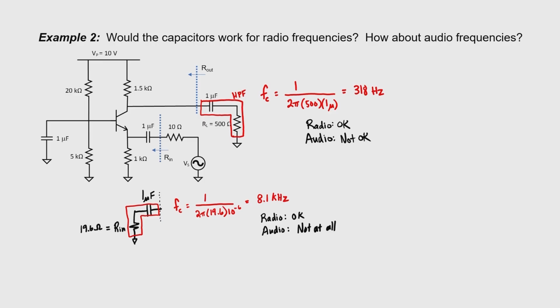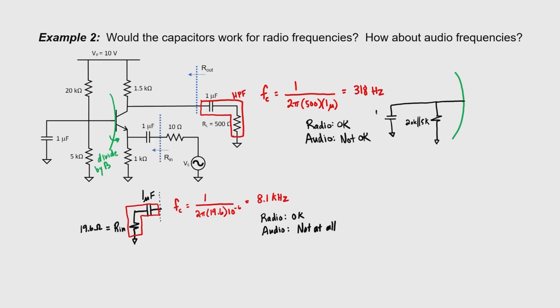I now want to make a small note, even though the example has pretty much been worked. If you use impedance reflection to reflect the base impedances over to the emitter side, then we typically need to divide by beta, or beta plus 1. What do we have attached to the base of our transistor? Well, we have two resistors. We have a 20 kiloohm in parallel with a 5 kiloohm, and then we have a 1 microfarad capacitor.